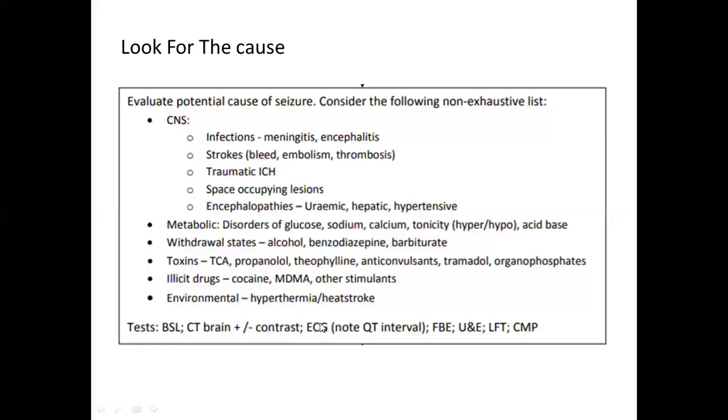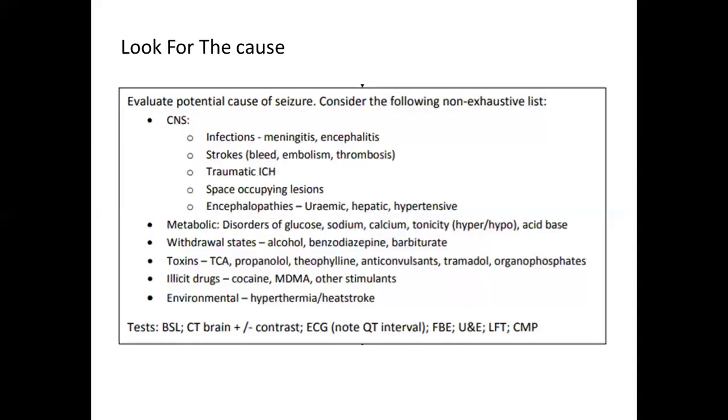So to exclude cardiac causes, you should always take an ECG, and a full blood count to rule out infection, CMP to rule out any electrolyte issues, liver functions, and U&E to exclude any organ failure issues, right? Look for the cause.